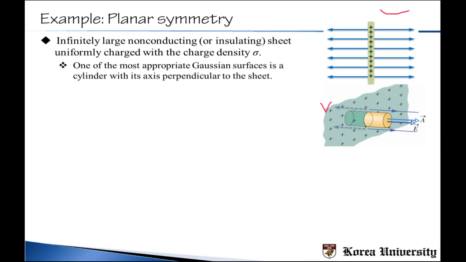Here, the first thing to consider is that, as already drawn here, the electric field from this sheet will be going exactly perpendicular to the sheet, and the strength will be the same on both sides of the sheet. So it will be minus E on the left hand side and plus E on the right hand side because of the symmetry, but there is no reason why the strength will be different on both sides.